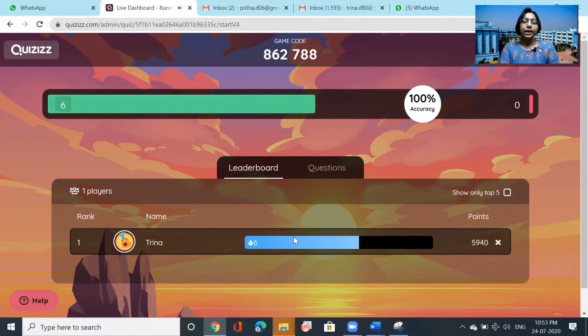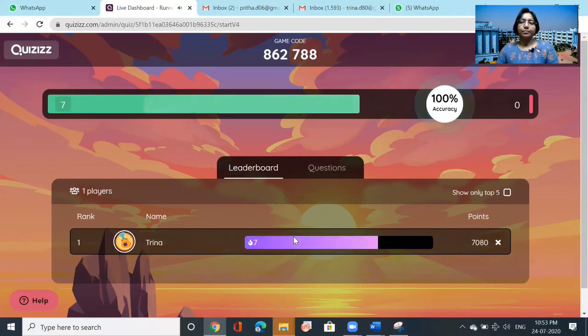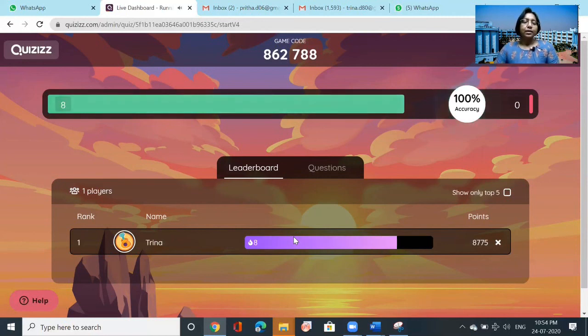Also at the end of the quiz, I will get a report to send you. And it is a report not for only one day. We can play the game every day and get a graphical representation of whether you are improving or not.